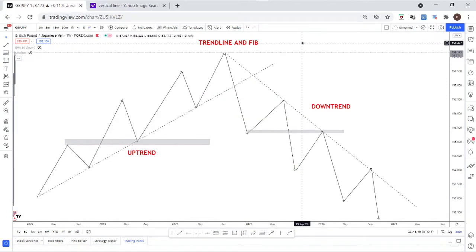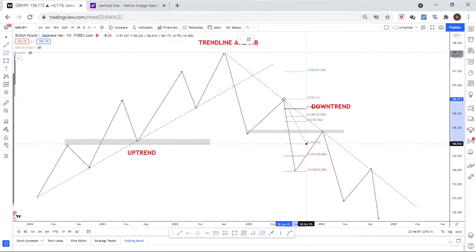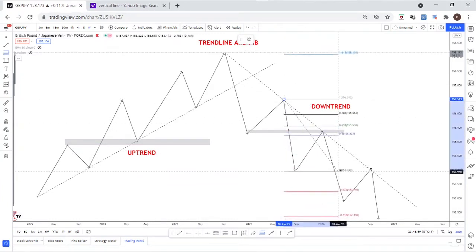Now, in applying your Fibonacci retracement tool, for a downward moving market that is making lower lows and lower highs, all you need to do is take it from the lower high to the lower low.